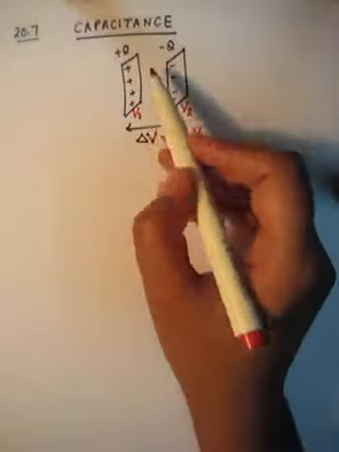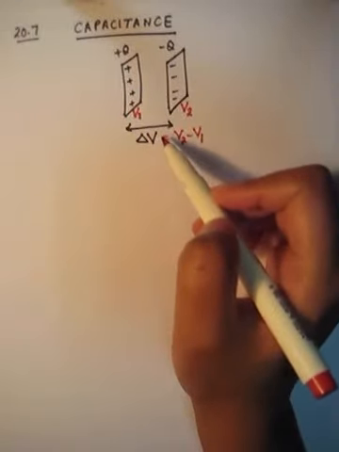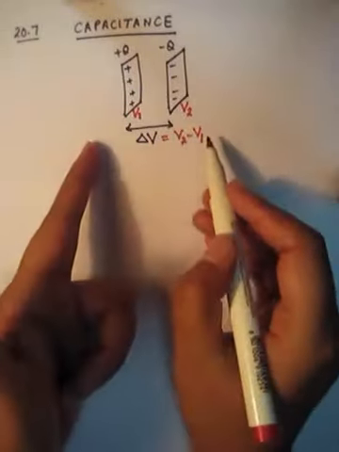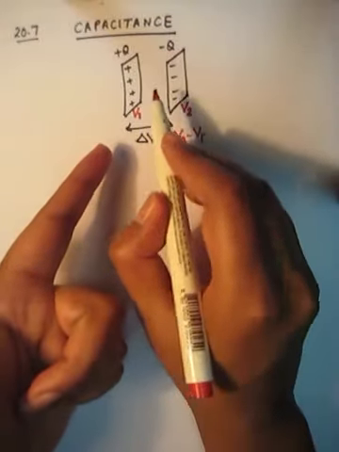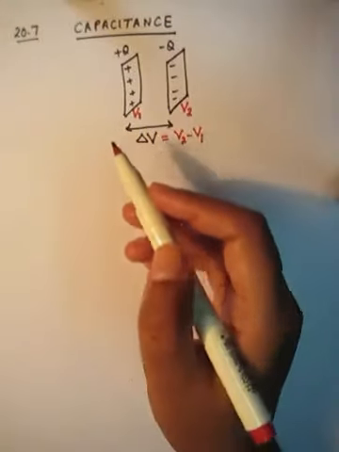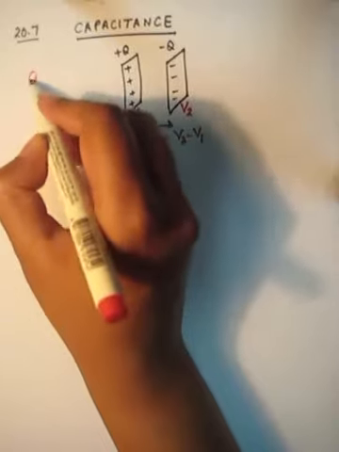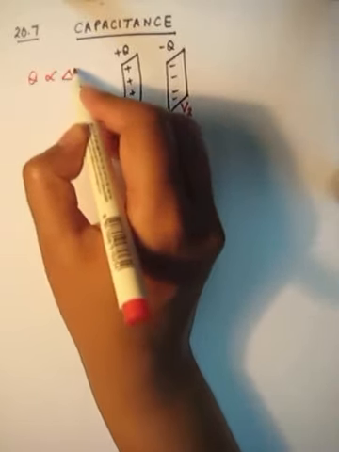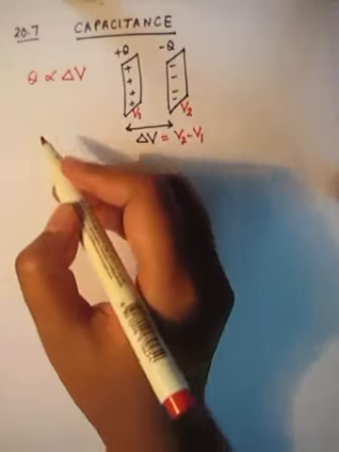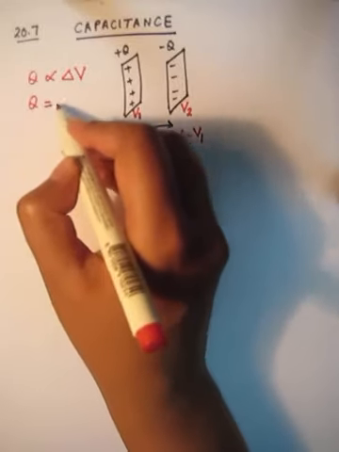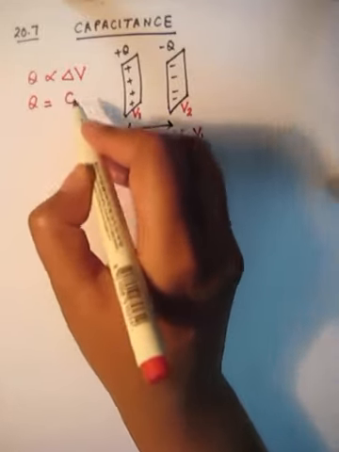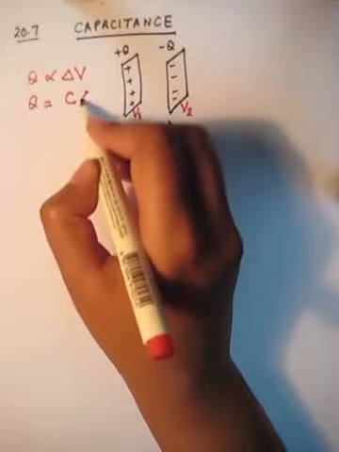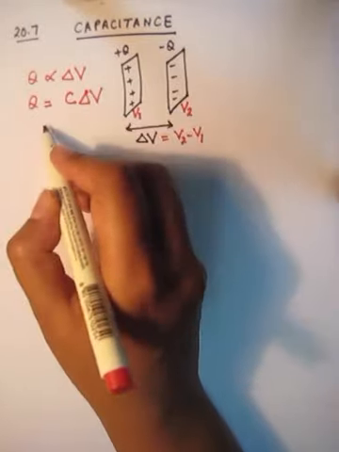And so this charge depends on the potential difference. If the potential difference is large, you will have larger charge, and if it is smaller, you will have smaller charge. So the charge is proportional to the change in potential difference, and therefore Q will be equal to a constant times the change in potential.